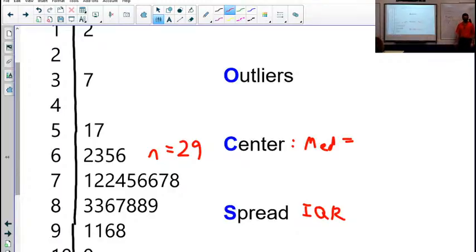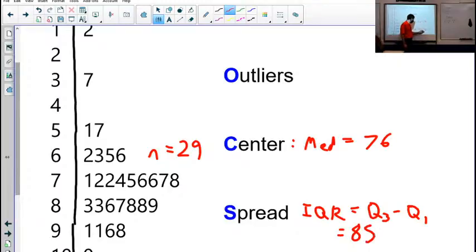Should be MED. 76. IQR, Q3 minus Q1. Give me those. What's Q3? 88. Minus Q1 is 65.5.